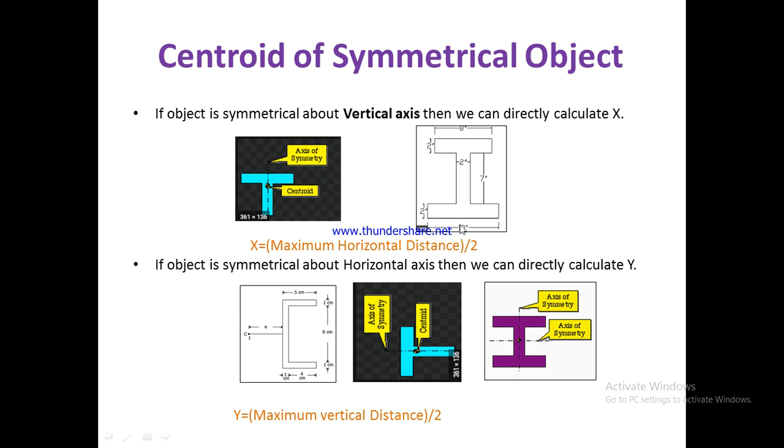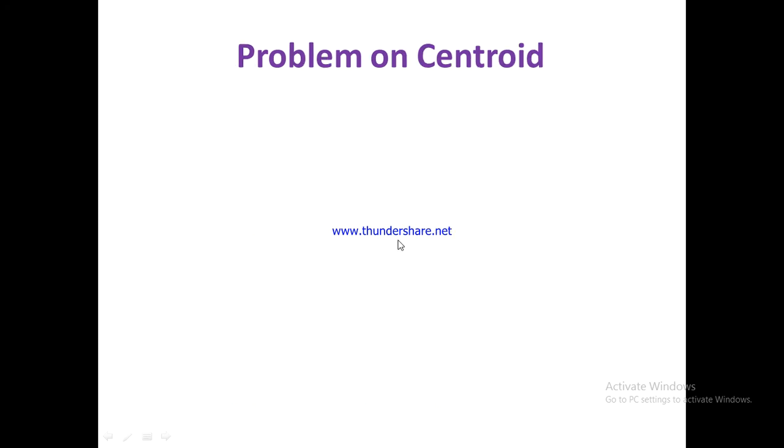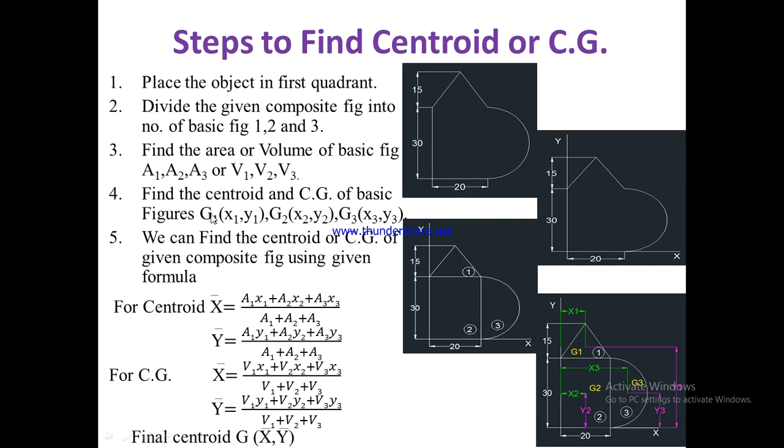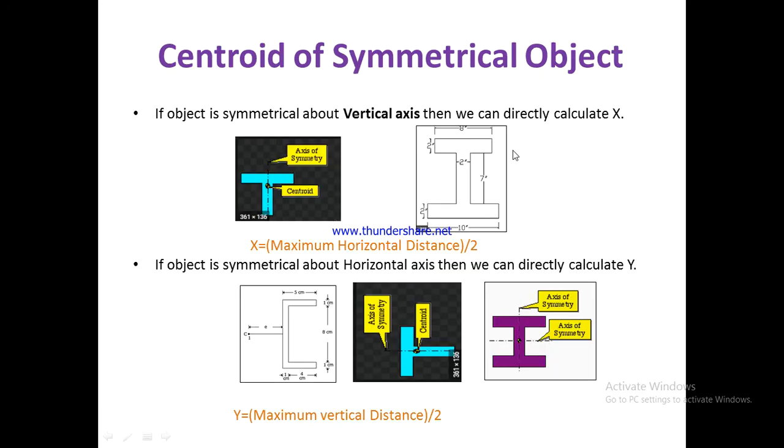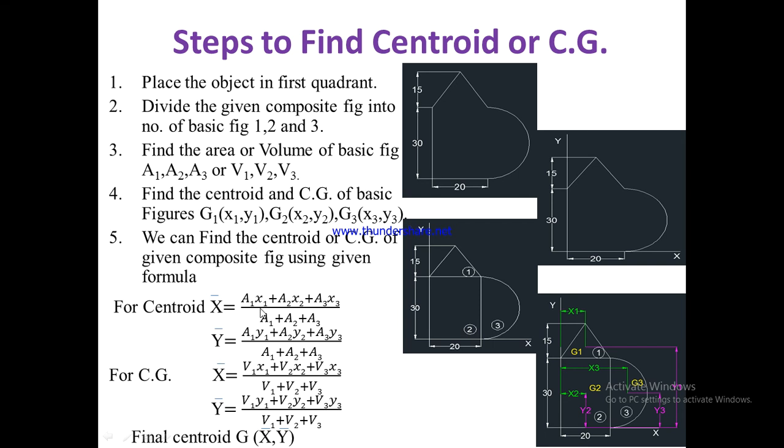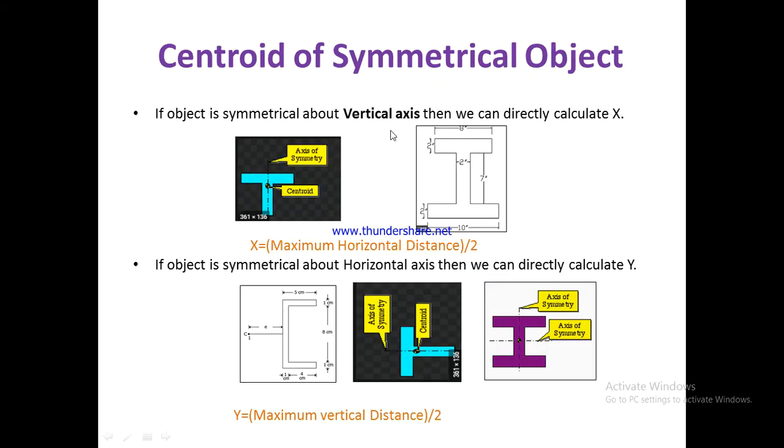So the maximum horizontal distance is 10, so 10 by 2 will be your x bar. x bar is equal to 10 by 2, means 5 mm or inch, whatever unit is there. So 5 inch is your x bar, means you are getting x bar directly. You need not calculate this x1, x2 and x3. Half of the work is done. If a symmetrical object is there in the exam, you just calculate the y bar in this case.